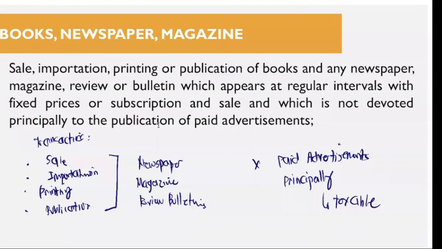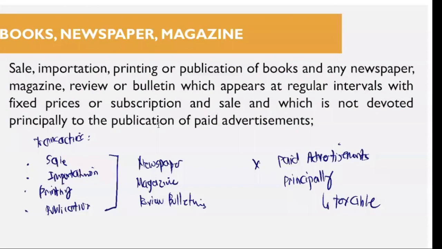But what if you have a newspaper and then 5 out of 50 pages is for advertisement? Taxable, exempt? Exempt. Because again, majority is not for advertisement. You just need to look what is the greater bulk of that particular publishing. Is it for advertisement or not?